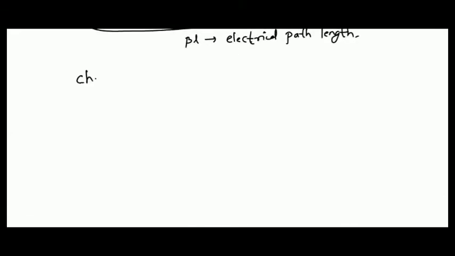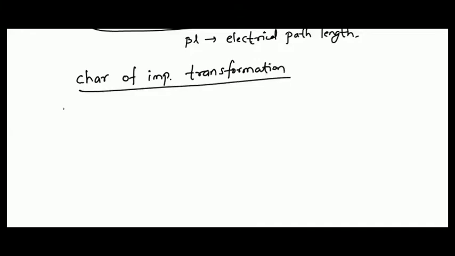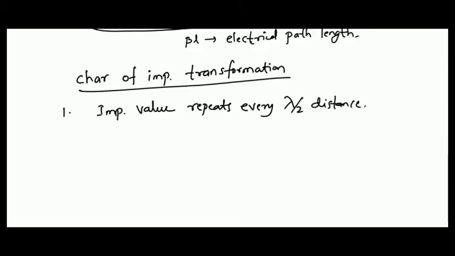The first characteristic of impedance transformation is that the impedance value repeats every lambda by 2 distance. So after every lambda by 2 distance, the impedance value will repeat.